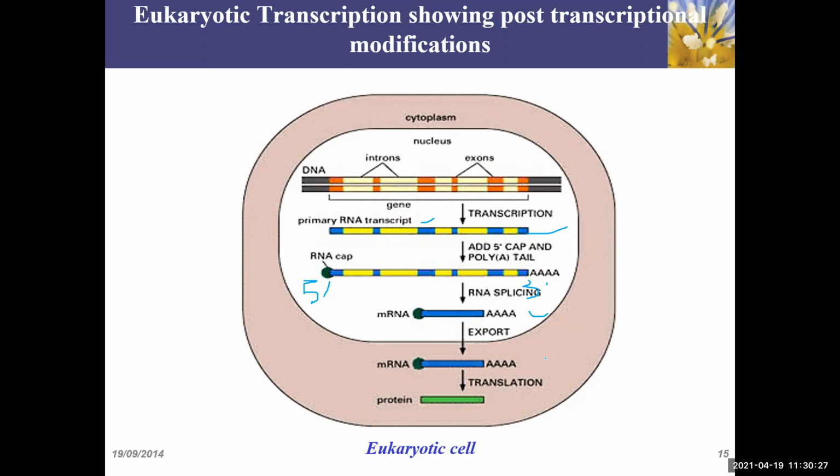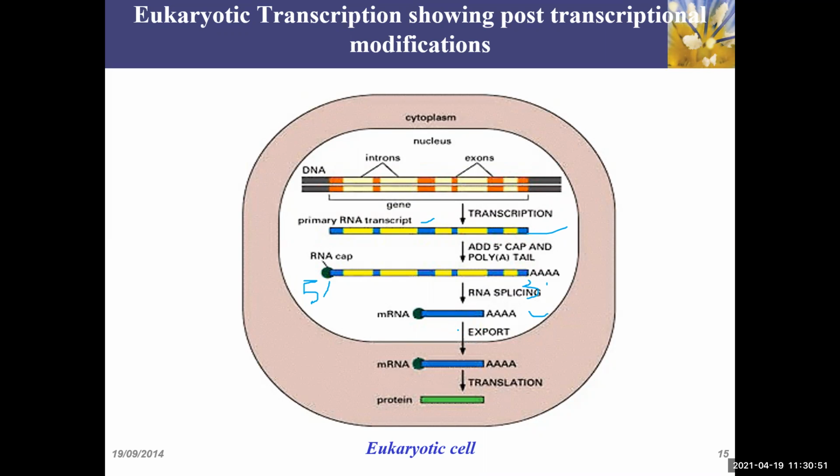So why do we do this capping and adding the tail? The most important thing is we need to protect this pre-mRNA, because there are plenty of ribonuclease enzymes which might attack this mRNA, and it will be lost. So capping and adding the tail basically protects this mRNA.